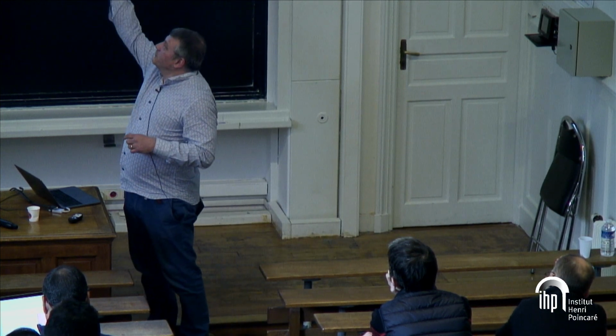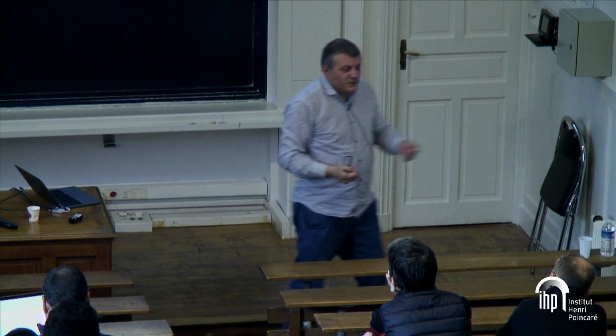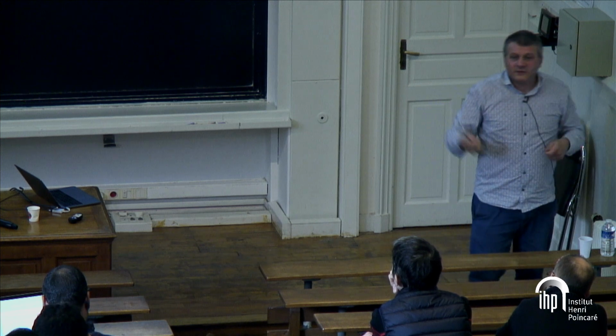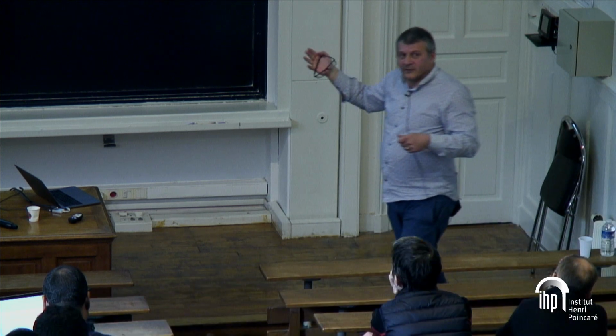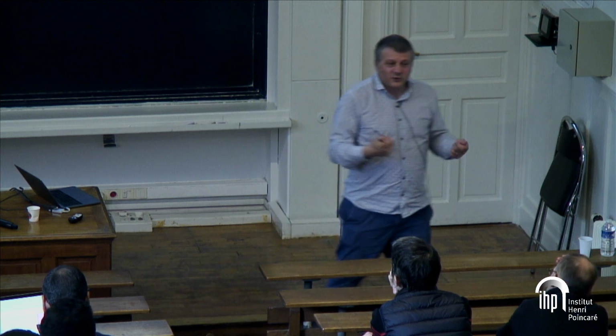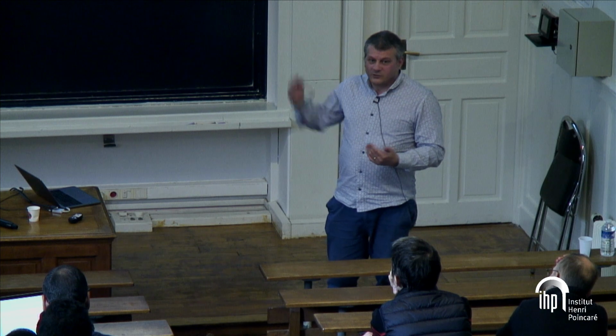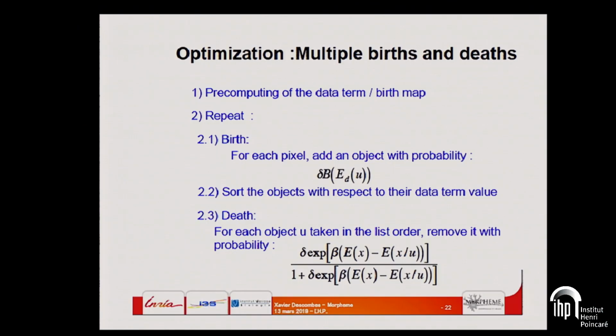This is the theoretical part, and in the death step, if you write it on paper, it's just a product over all objects of this death step. But the product is commutative, so in a practical way, you will try to remove the bad objects first. So after you add the objects, you sort them in order to put the worst one first as the first candidate, and try to kill them, and so on.